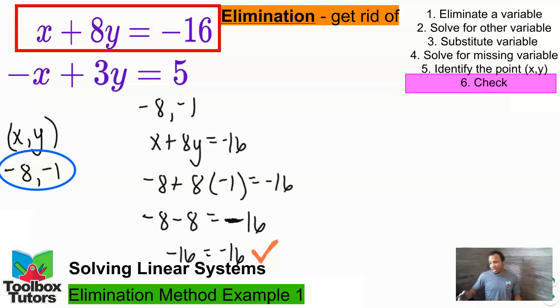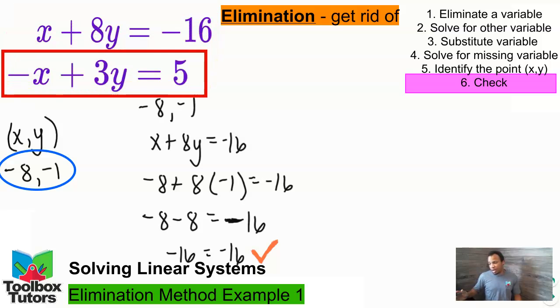Now we want to check negative 8, negative 1 for the second equation. If this statement also comes out true, we know we have the right solution. So once again, we have negative 8, negative 1, and we're going to plug it into the second equation, negative x plus 3y equals 5.